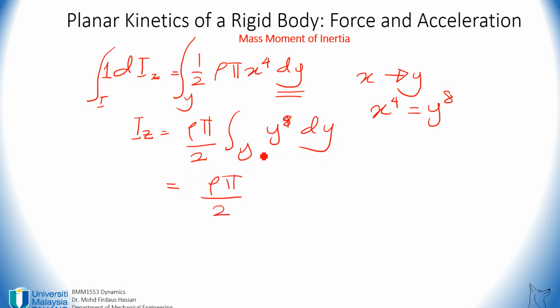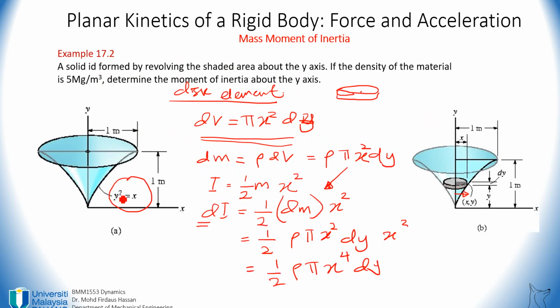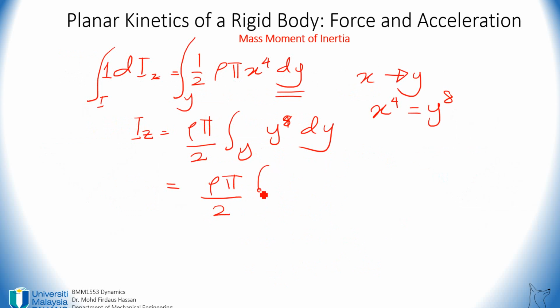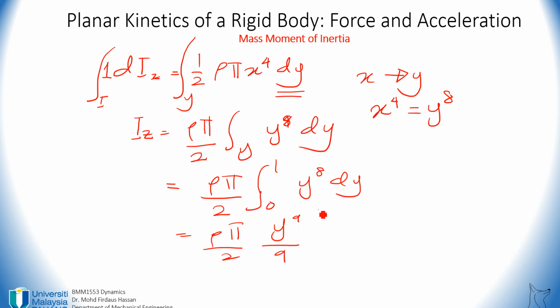Once you solve this one, you will have rho pi over 2, and then you integrate with respect to y, where the value of y for this problem is from 0 to 1 meter. So the answer is rho pi over 2 times y to the power of 9 divided by 9, from 0 to 1. Then you replace all those values.